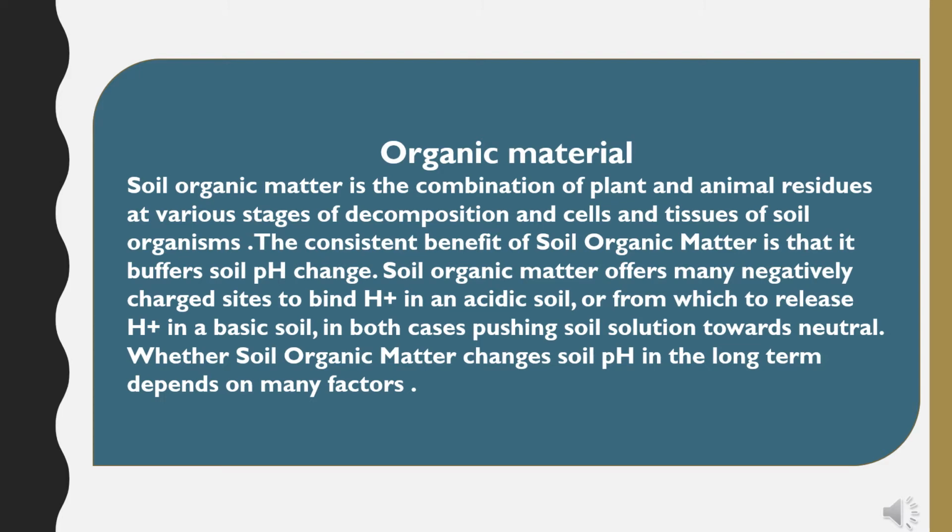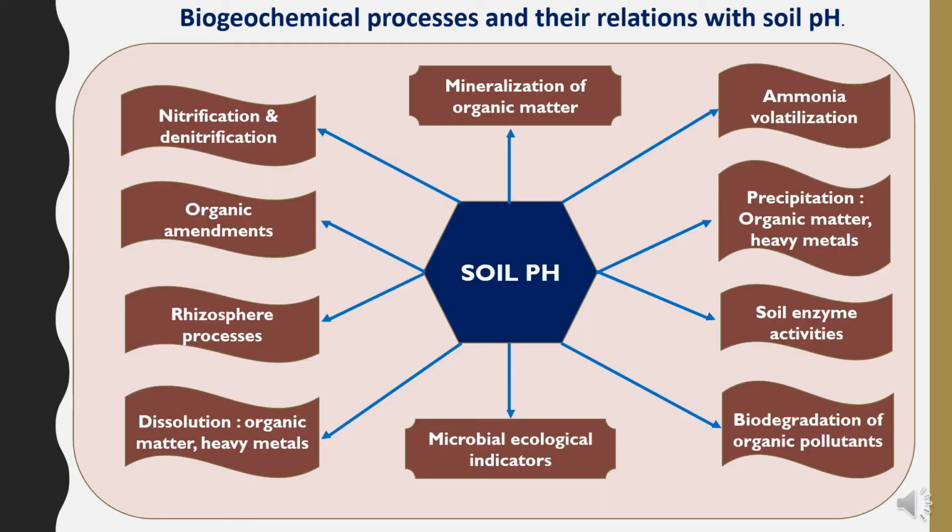Whether soil organic matter changes soil pH in the long term depends on many various factors. Here we have shown the picture which reflects the biogeochemical processes and their relations with soil pH.